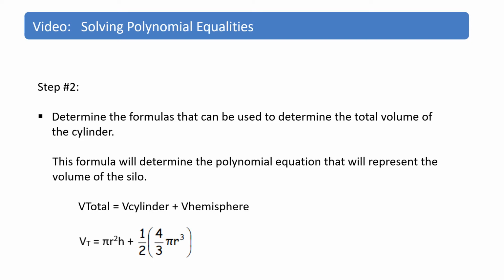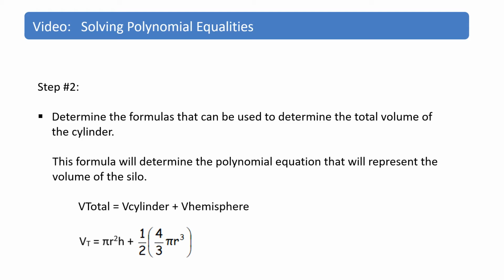Step number 2, determine the formulas that can be used to determine the total volume of the cylinder. These formulas will determine the polynomial equation that will represent the volume of the silo.